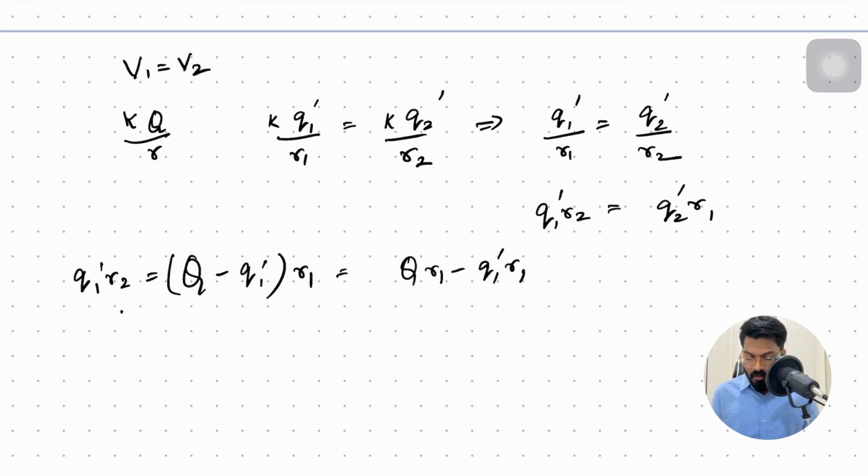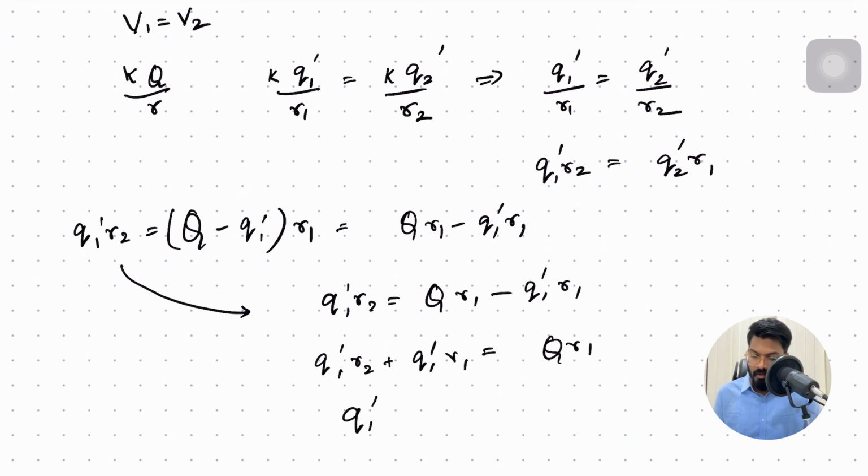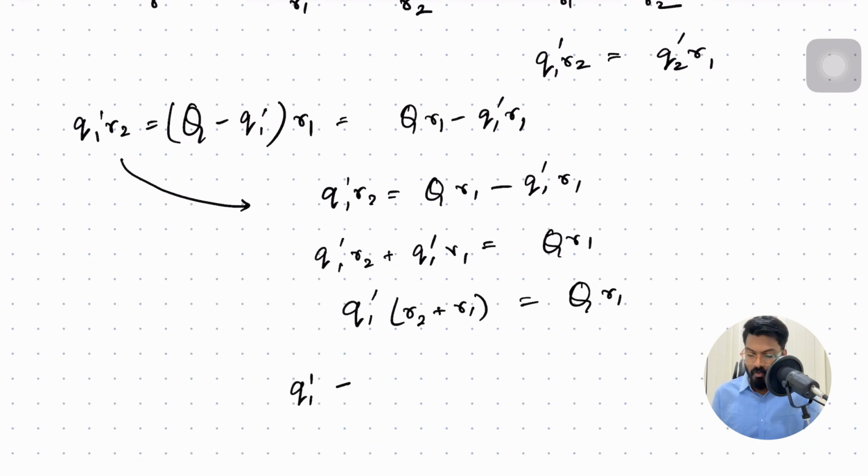From this we could say that Q1 dash R2 is equal to QR1 minus Q1 dash R1, right? Taking both Q1 dash terms to one side and taking Q1 dash common, Q1 dash into R1 plus R2 is equal to QR1. So we find Q1 dash equals QR1 by R1 plus R2.